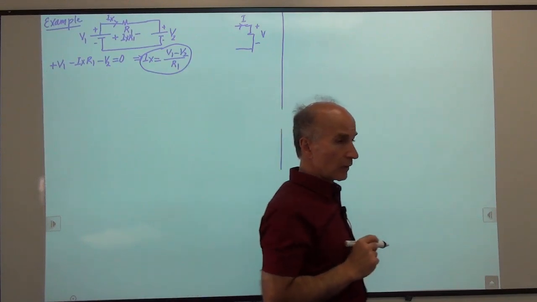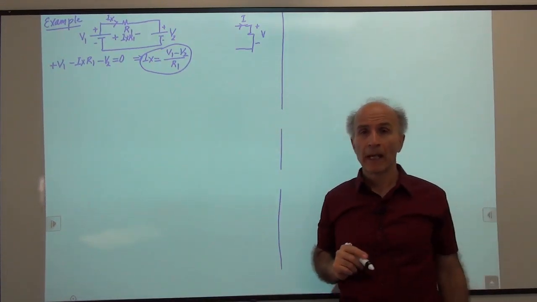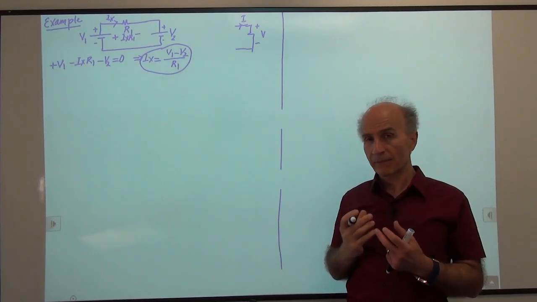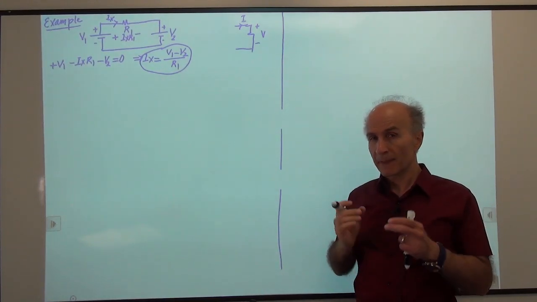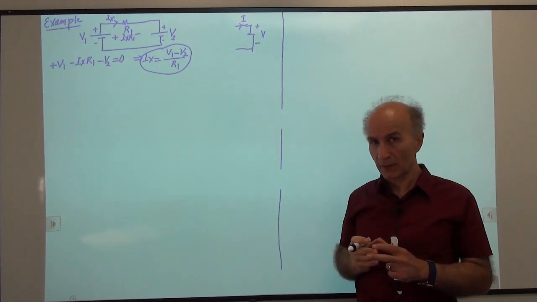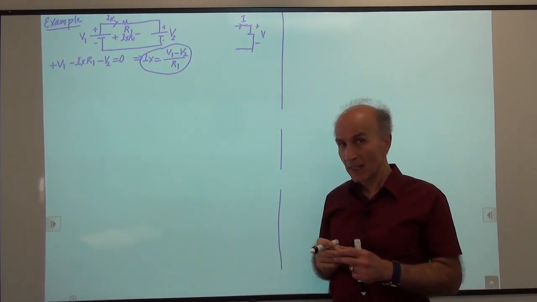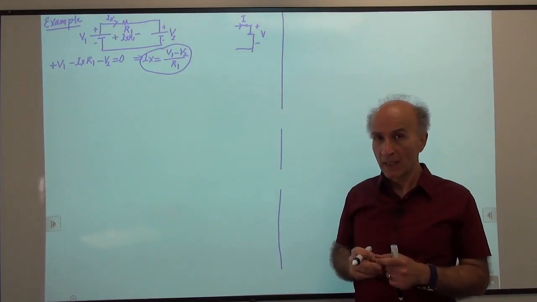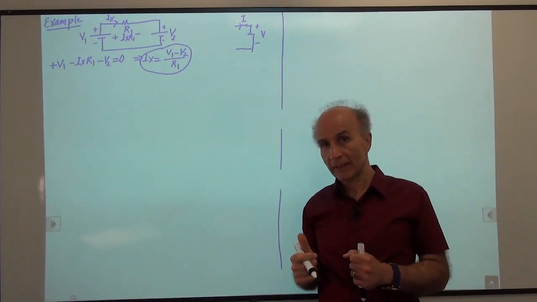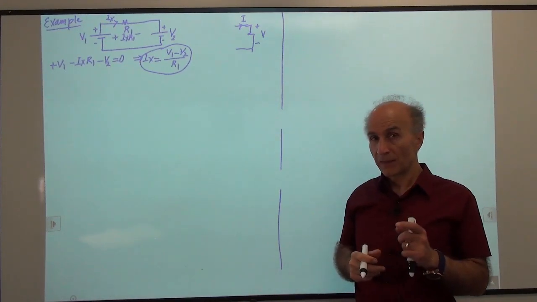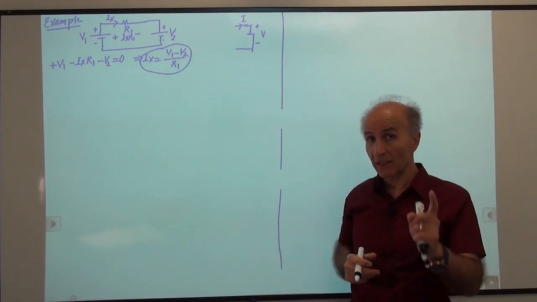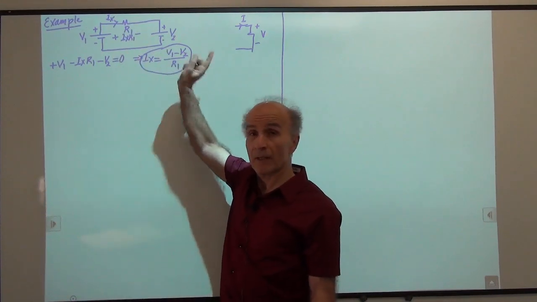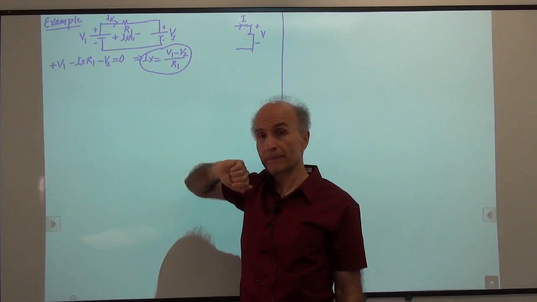Okay, so I want you to remember this result, and we will articulate it as follows. If we have a resistor of value R1 and the voltage on the left side is V1 and the voltage on the right side is V2, then the current flowing from the left side to the right side is given by V1 minus V2 over the resistor.